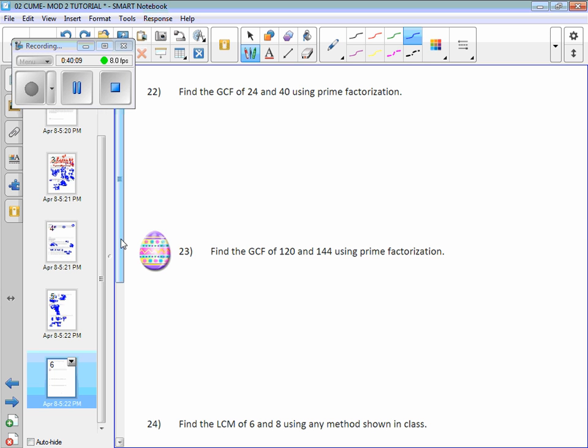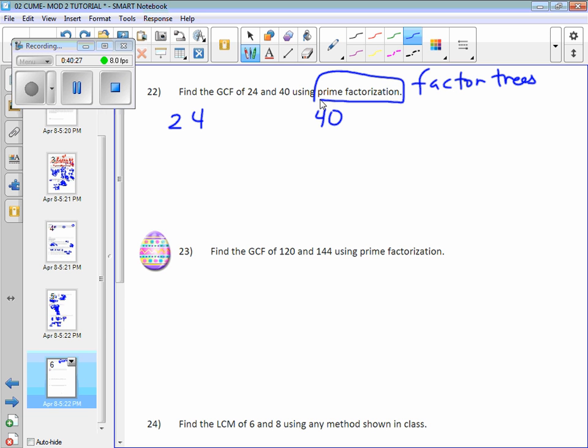When you see prime factorization, think factor trees. So I'm going to make a factor tree for 24. And I'm going to make a factor tree for 40. It doesn't matter what two numbers you start off with, you'll wind up with the same prime factors at the end. So I could go 12 and 2, I could go 8 and 3, and I can go 6 and 4. It doesn't matter.